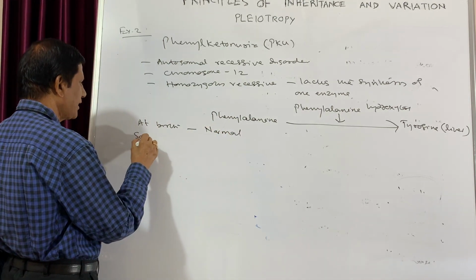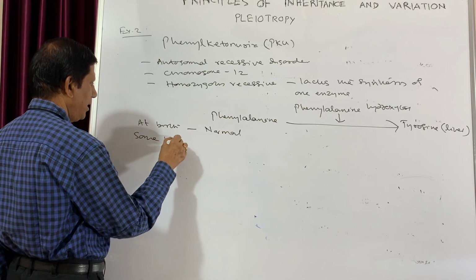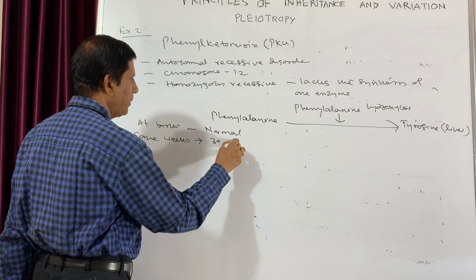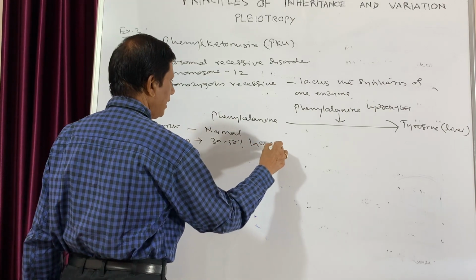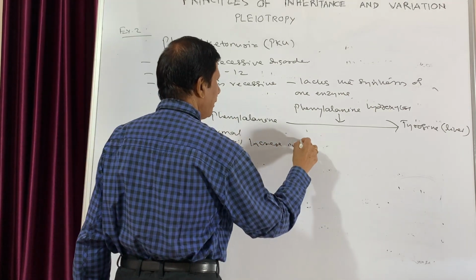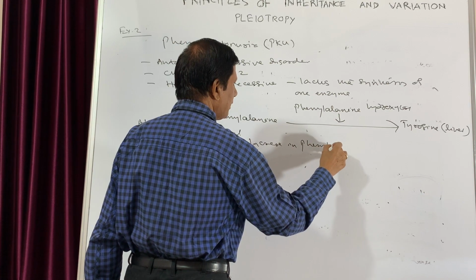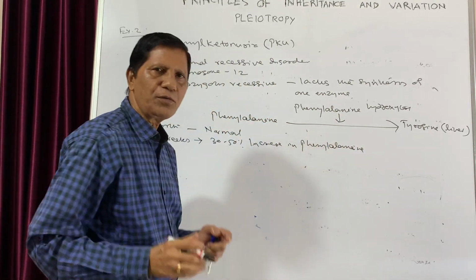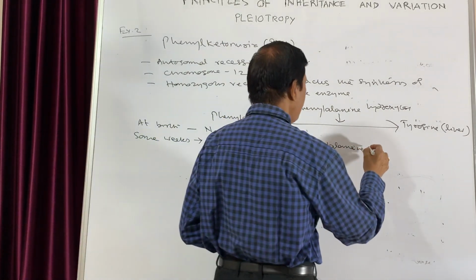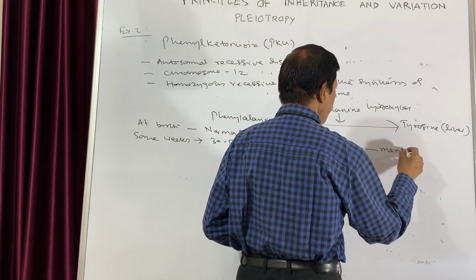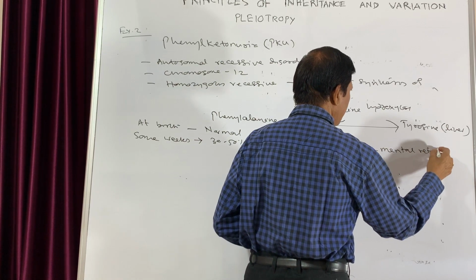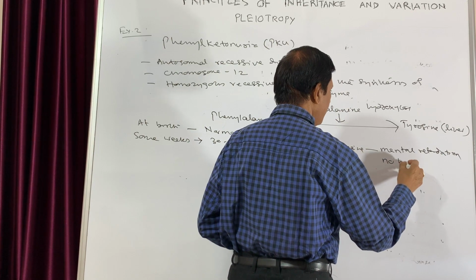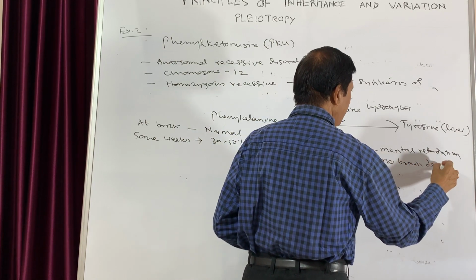After some weeks, we'll find that there is a 30 to 50% increase in phenylalanine within weeks. As a result, what will happen? There is a mental retardation. That means there is no brain development.